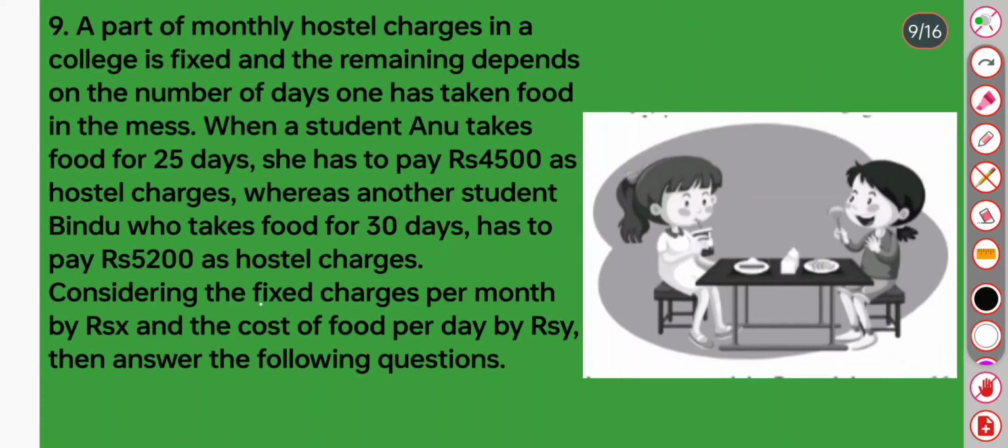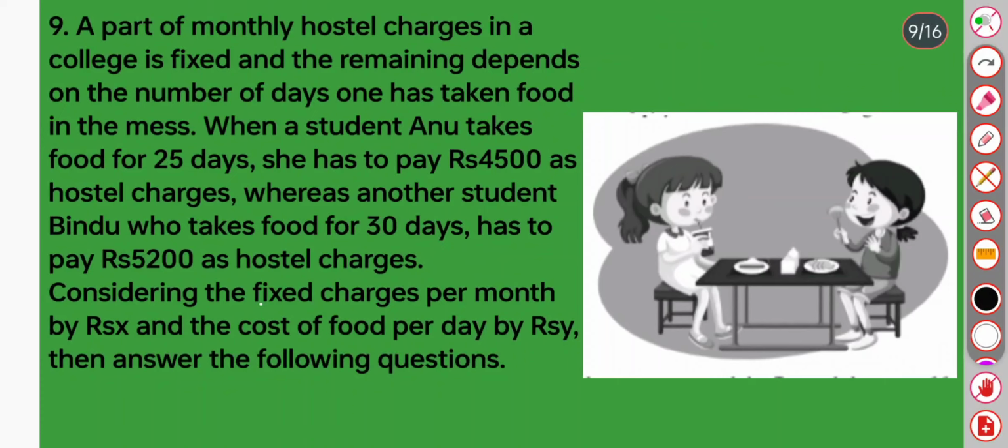Okay, in that particular hostel, the monthly hostel charge in a college is fixed, and the remaining depends on the number of days one has taken food. Since to stay in that hostel you have to pay a fixed charge, plus per day food also you have to pay some amount. Now the condition: two students are given. First student Anu takes food for 25 days. For taking 25 days food, she has to pay rupees 4500.